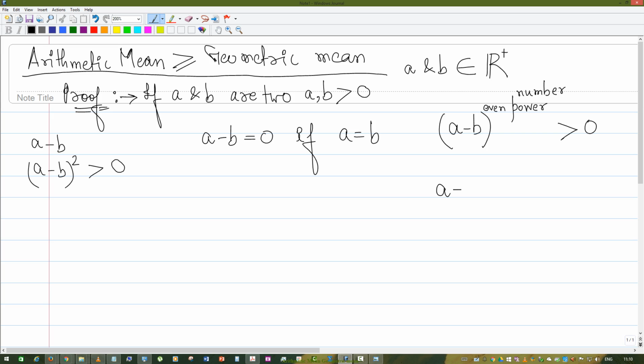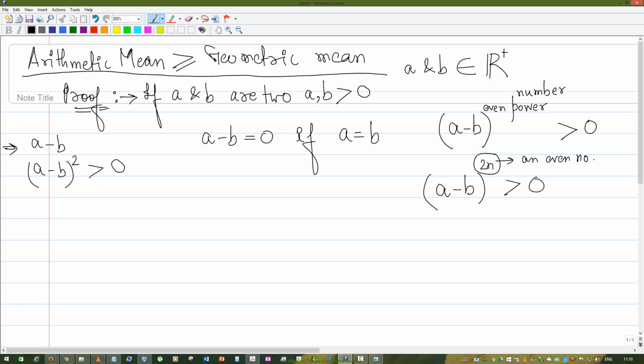Suppose A minus B is raised to the power 2n. This 2n is always an even number, so this will always be greater than or equal to 0. So for now we have A minus B whole square is greater than or equal to 0.